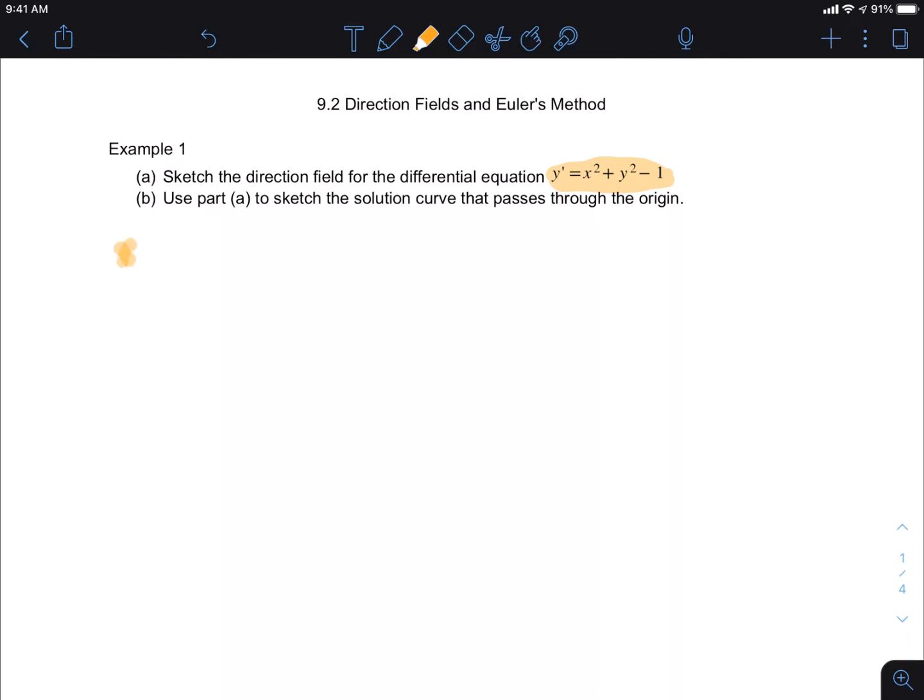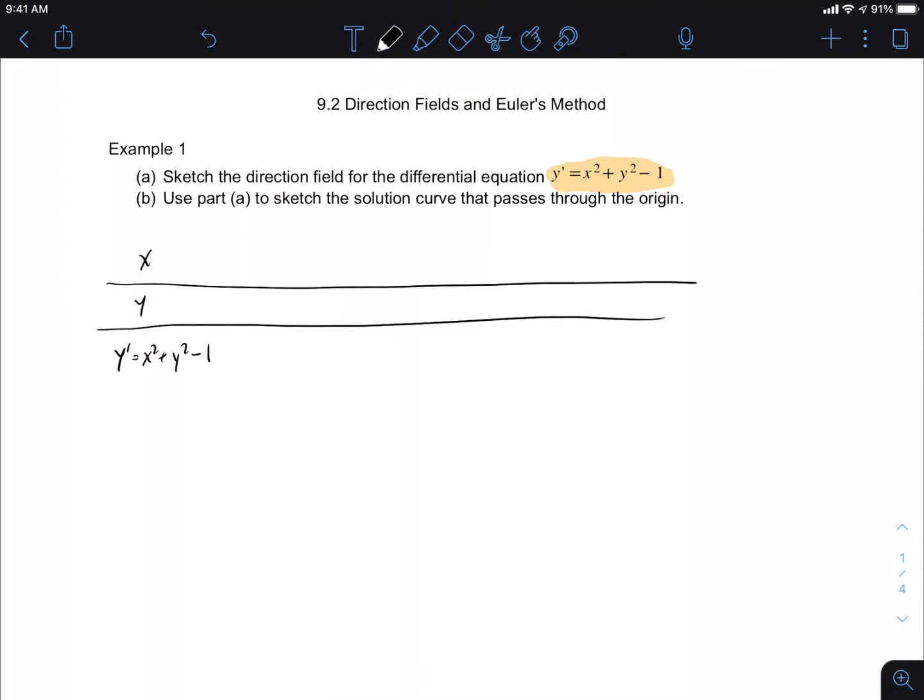So we're going to do that. I'm going to say I have x, I have y, and I'm going to have my derivative, which is x squared plus y squared minus 1. Okay? So when x is -2 and I say y is 0, what's the slope going to be?